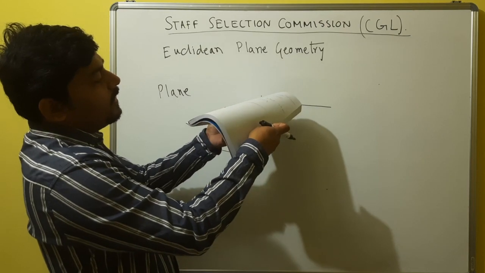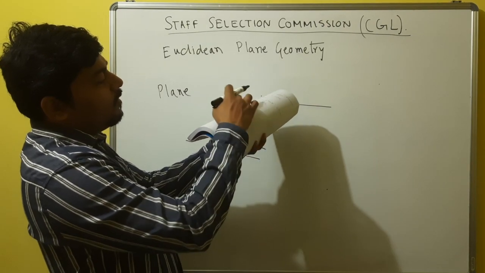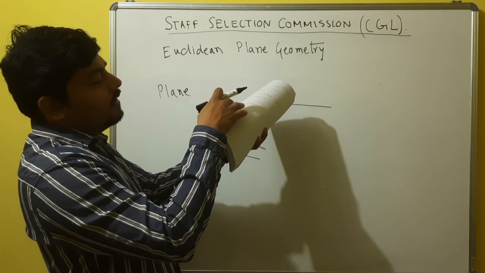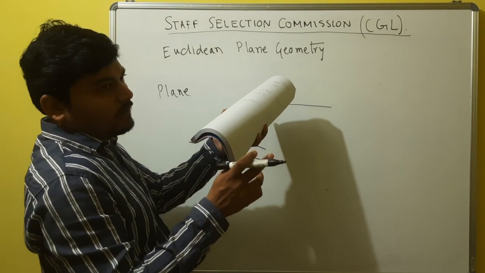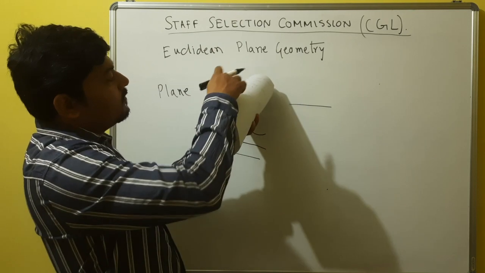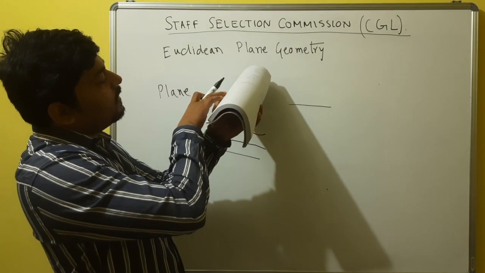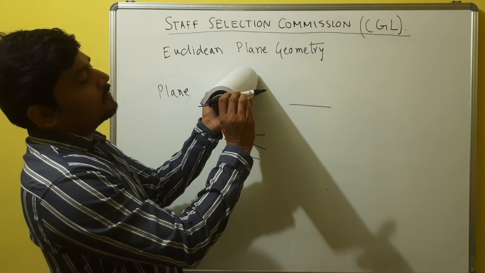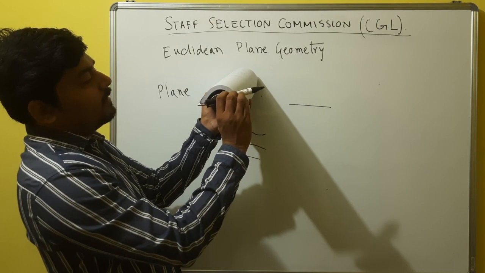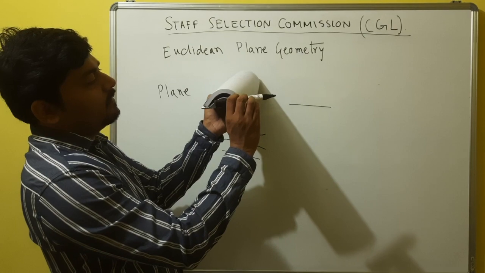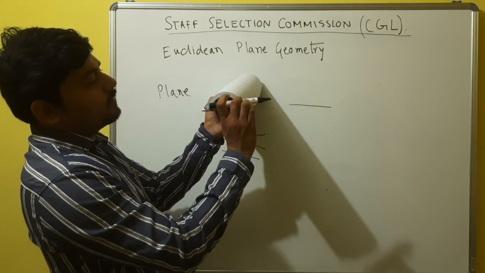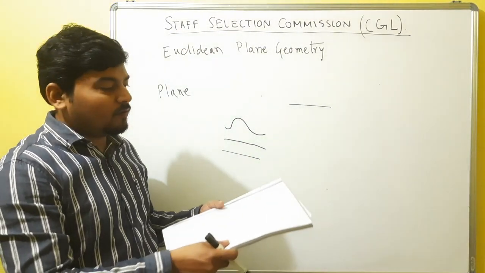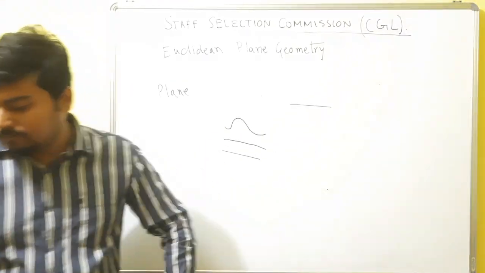Now, if I make it like this, all the points of the line are still on the plane, but is that line a straight line? No, that is not a straight line. What is the straight line? A straight line is this point and this point directly connected, something like this pen. Then all the points will not be on this plane. So that's why this is not a plane.